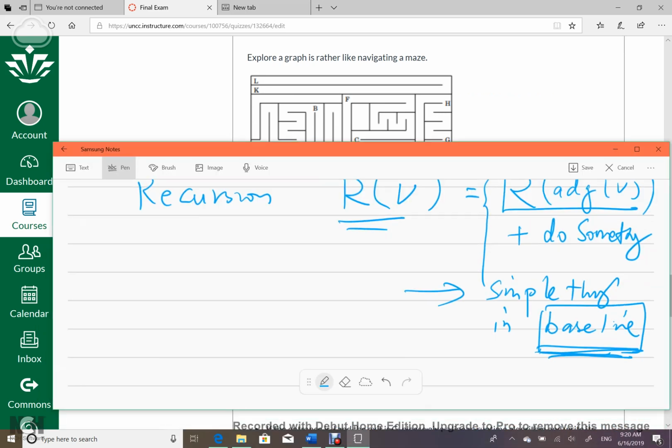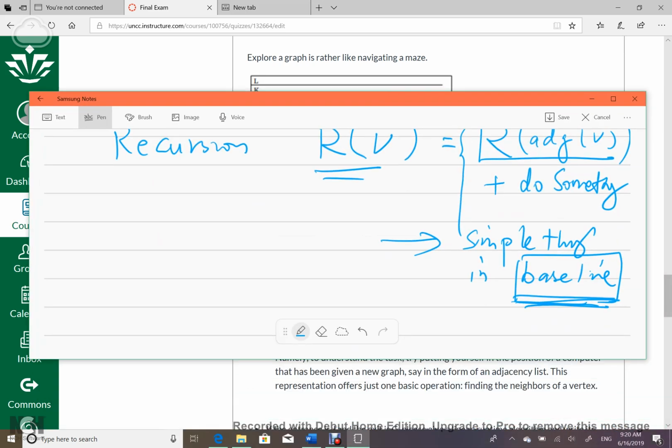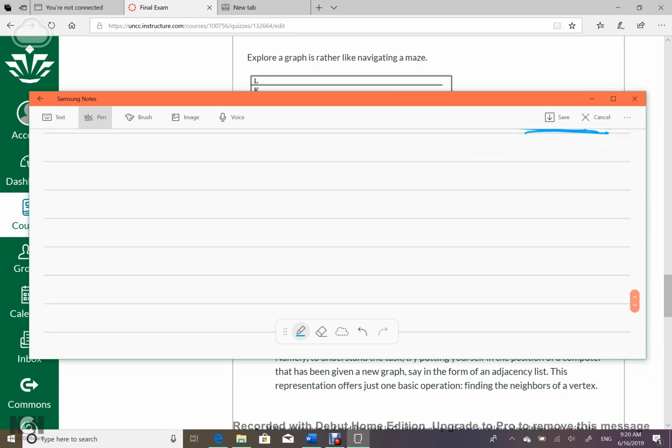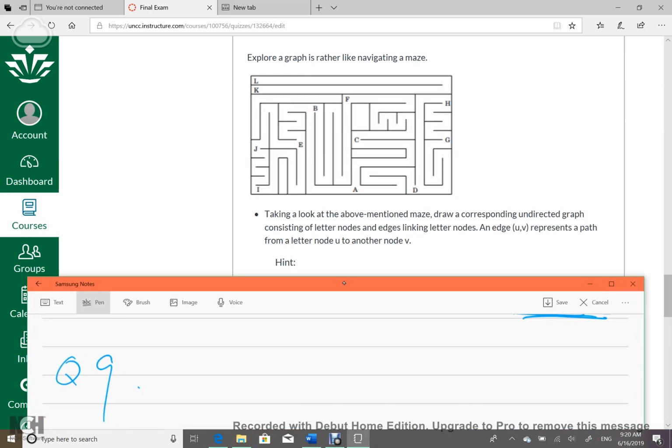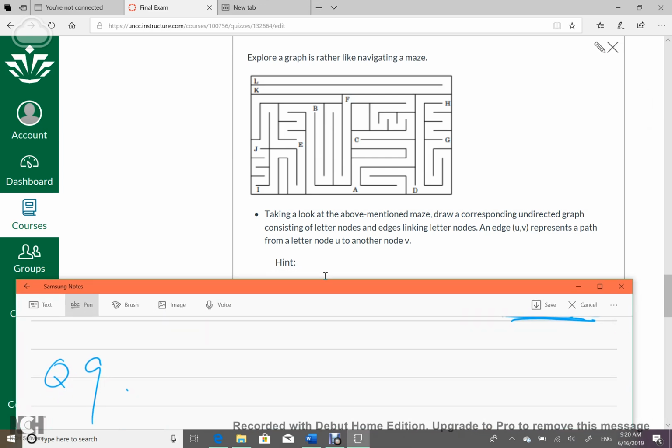Let's take a look at question 9. In question 9, exploring a graph is rather like navigating a maze. So we see that this gives you an application of the graph. Take a look at the above-mentioned maze through a corresponding undirected graph consisting of letter nodes and edges linking letter nodes.